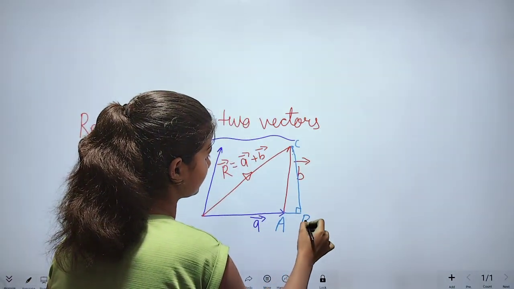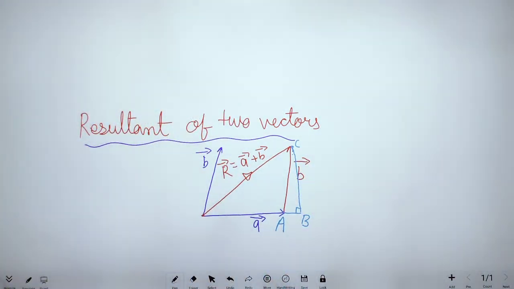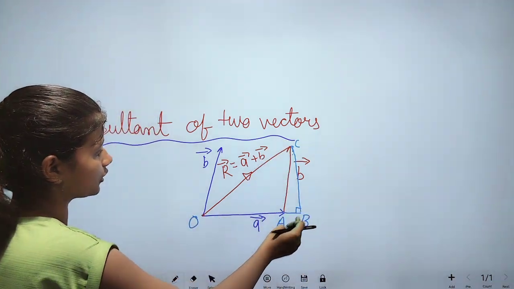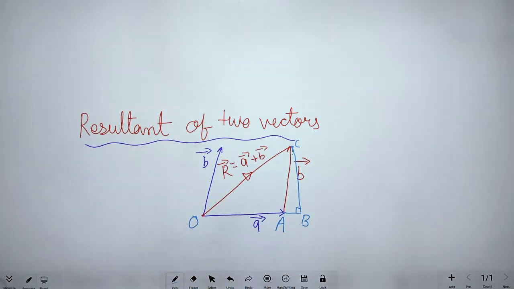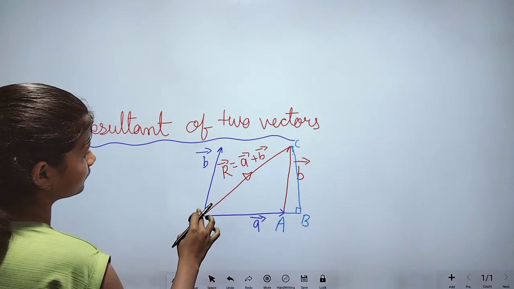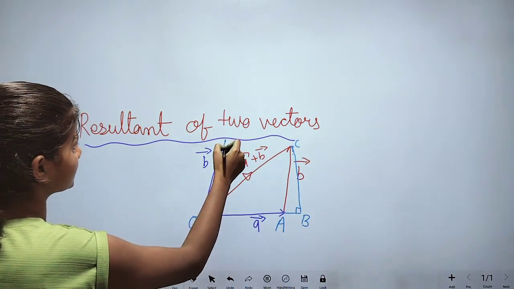Draw a perpendicular from C on OB. Okay, and now A, B, C, like this, and this one is D.